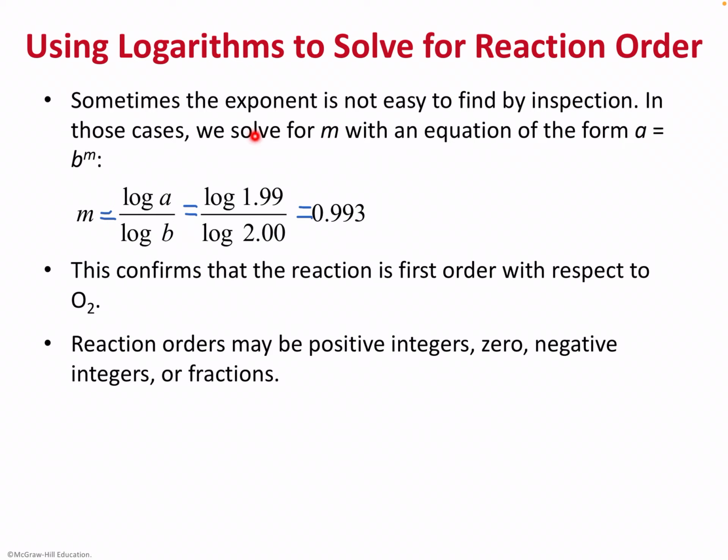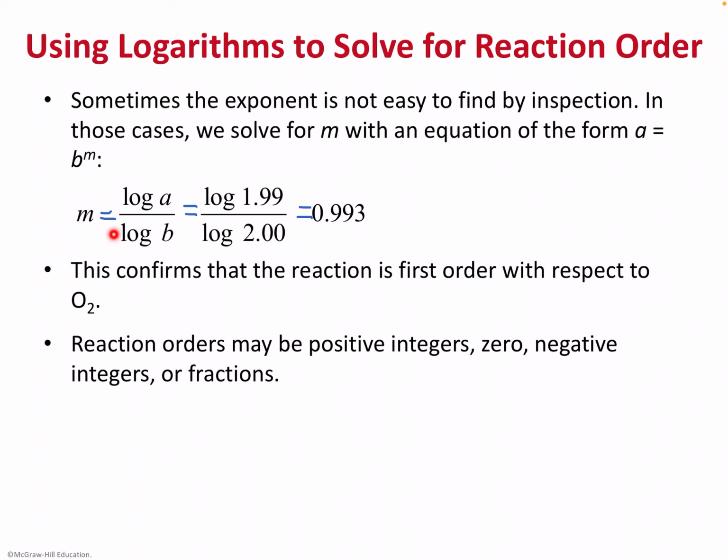In those cases, we solve for m with an equation of the form a equals b raised to the power m. So we can write m equals log a over log b. So log 1.99 over log 2, you get the same number, 0.993, like we got by inspection.